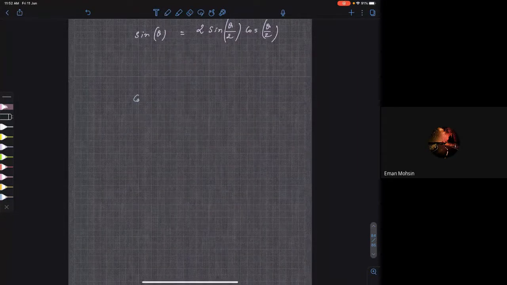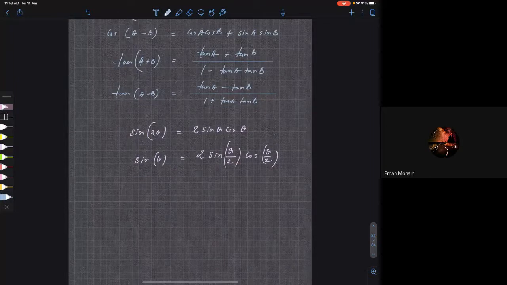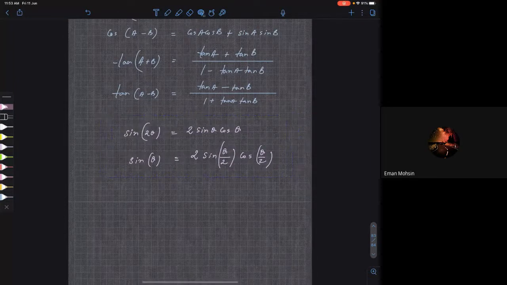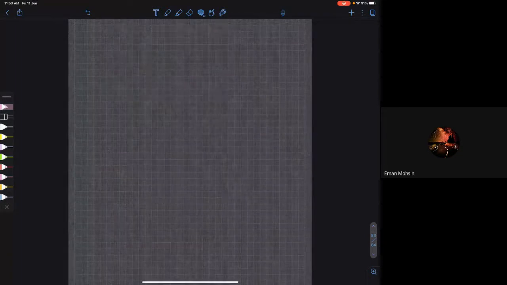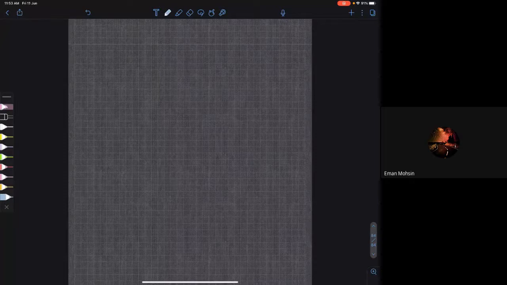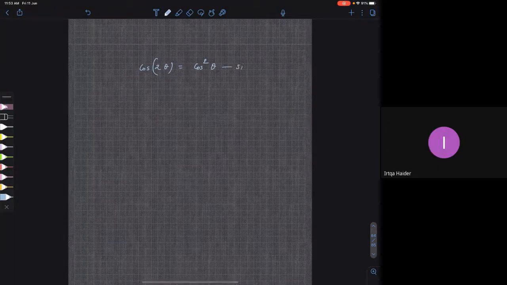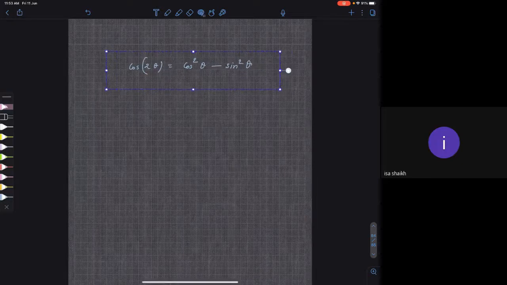Now let me write down what cos 2 theta is. Cos 2 theta is cos square theta minus sin square theta.